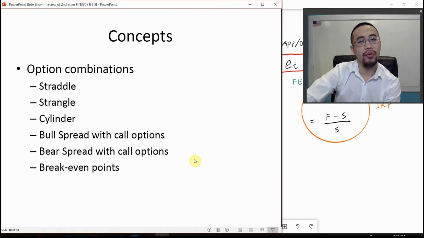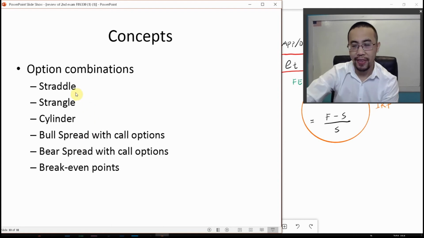All right. And for the option combinations, these are the coverage: straddle, strangle, cylinder, bull spread, and bear spread. These five combinations are something I added in addition to the textbook material. It's not that hard because I will tell you what these combinations are made of.